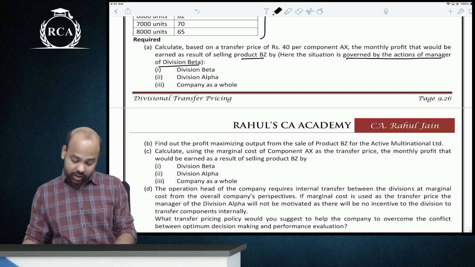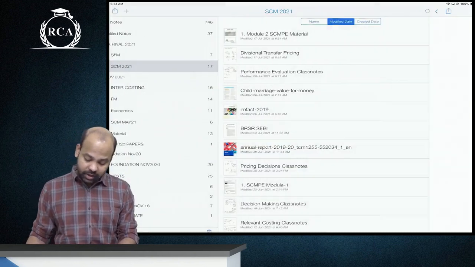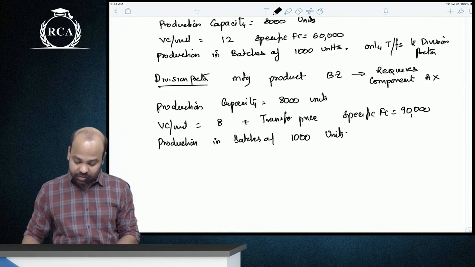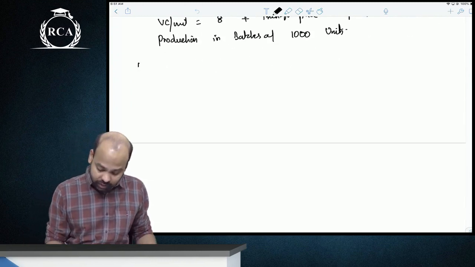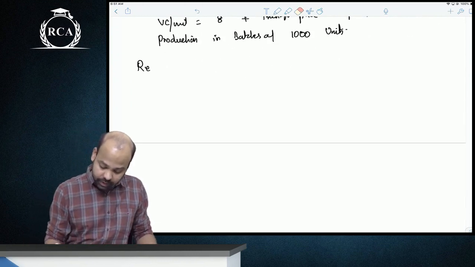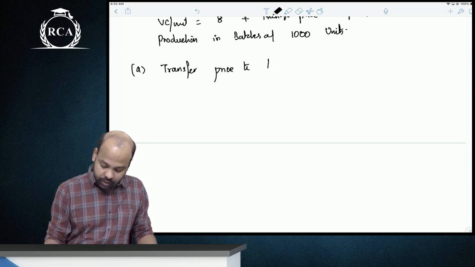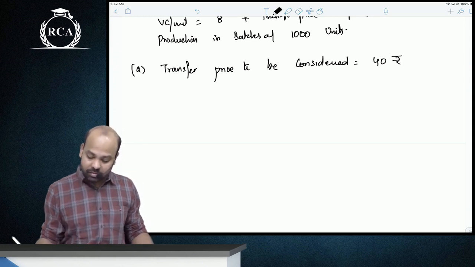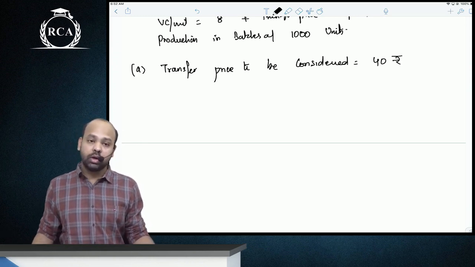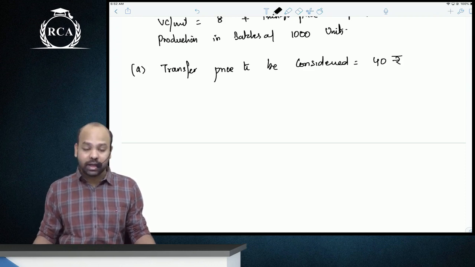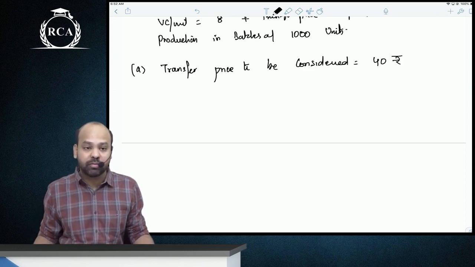What does this mean? They're asking us to compute it for division beta first. It says the transfer price to be considered is 40 rupees. Determine the amount of monthly profit that the company would earn, but the entire situation is governed by the actions of the manager of division beta.